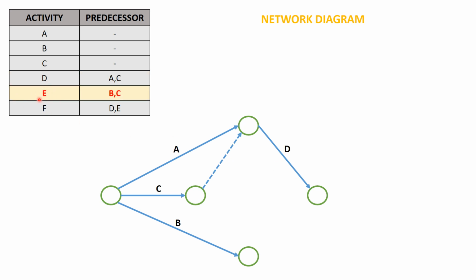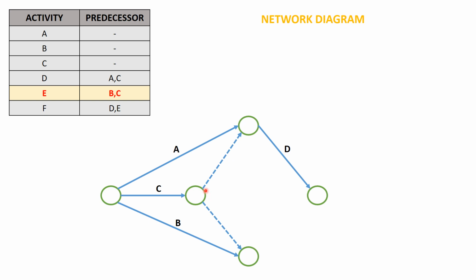Now let's get on to next activity, which is activity E. So in order to draw activity E, B and C should be completed. So in order to draw activity E, activity B should be completed, and again I have activity C. So I cannot directly join activity C, as again it is going to violate the grammatical purpose. Therefore I'll be introducing a dummy over here.